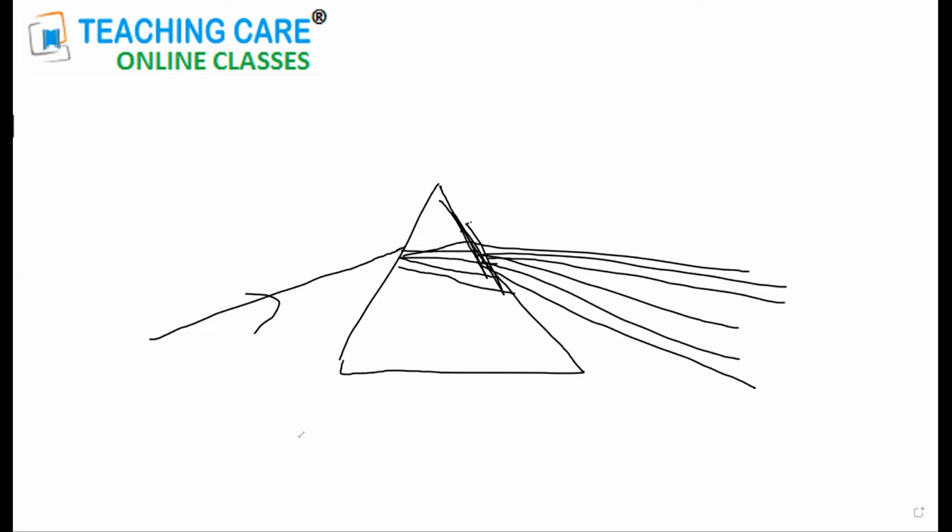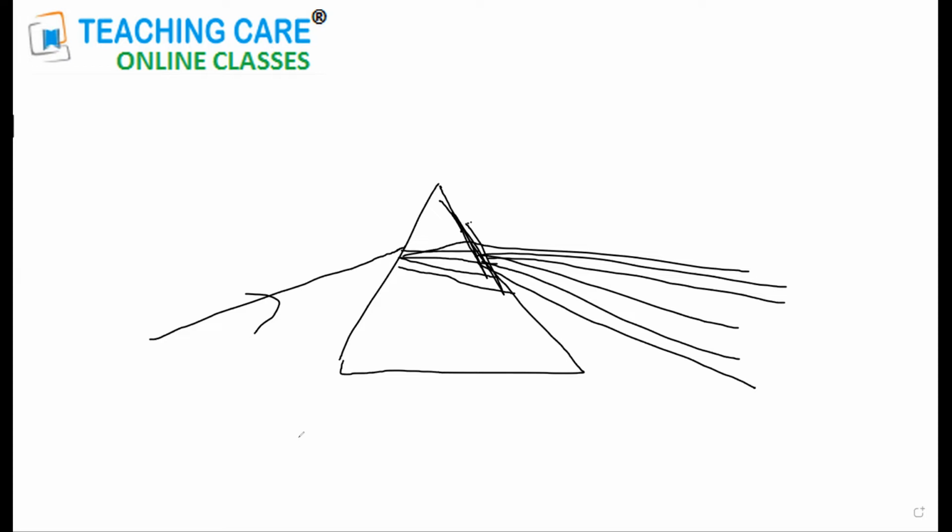Okay. Now, the next most important point is how sound is transmitted. In a previous chapter, I explained that the speed of light is 3 into 10 to the power 8 meters per second, and the speed of sound is 330 meters per second in air.